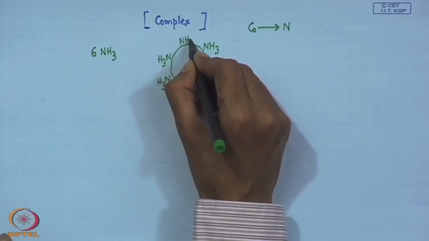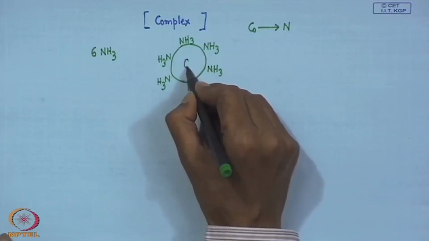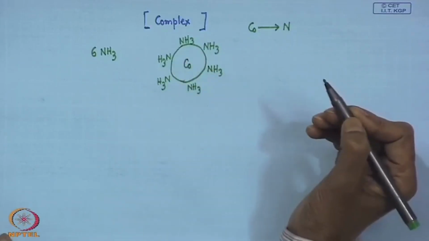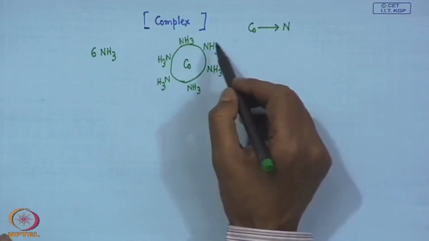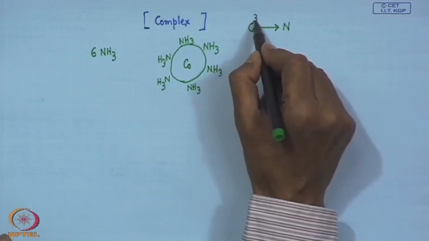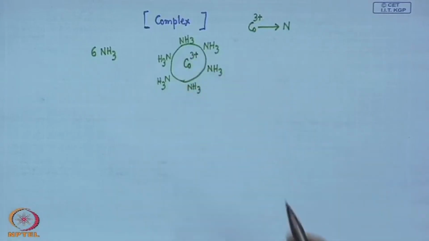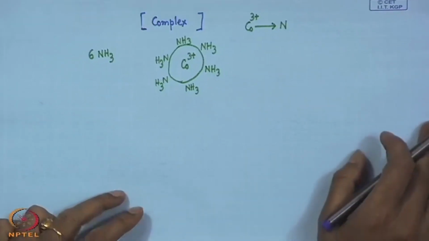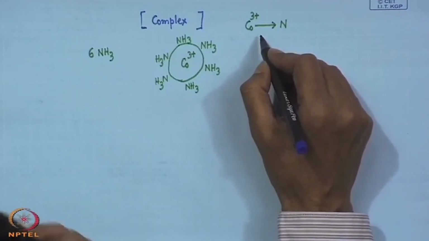So, a particular environment is forming by using all these ammonia, so we have 6 such. We have 6 ammonia molecules and we have the cobalt center. This particular environment which is surrounding the cobalt ion, this cobalt is present as the trivalent cobalt. We get a corresponding environment, and this particular environment we call the coordination environment.